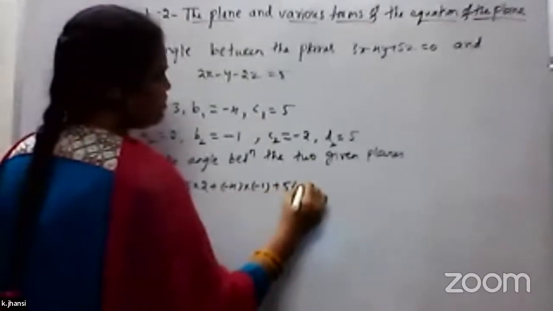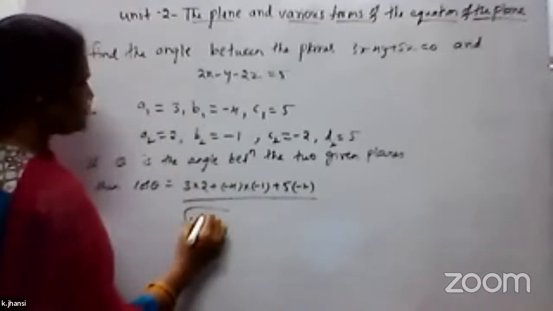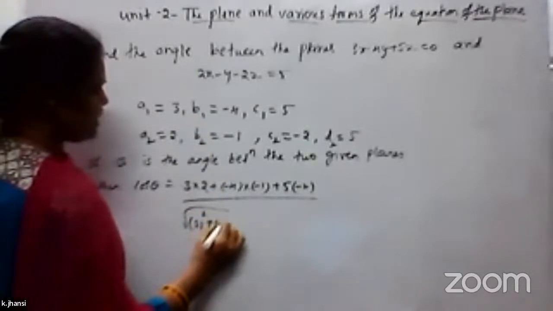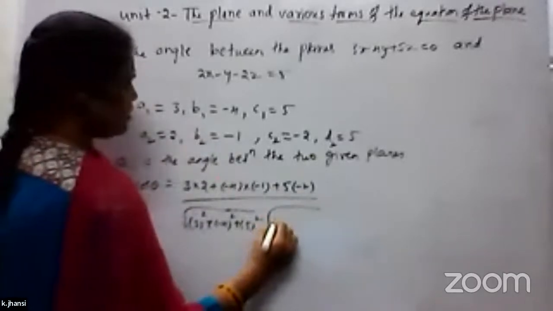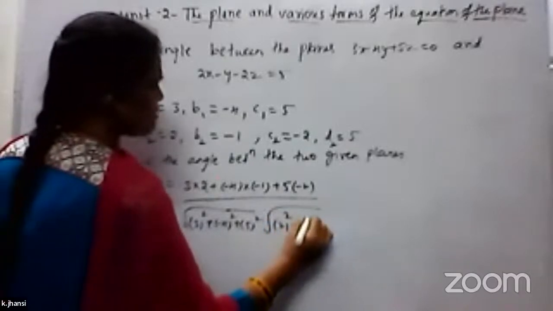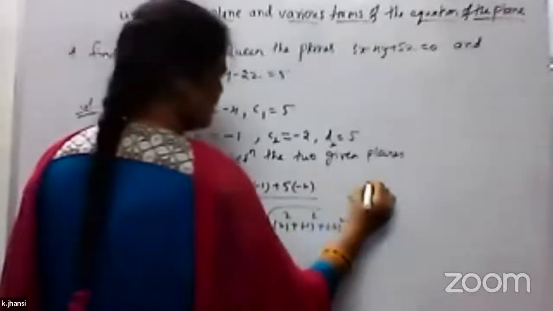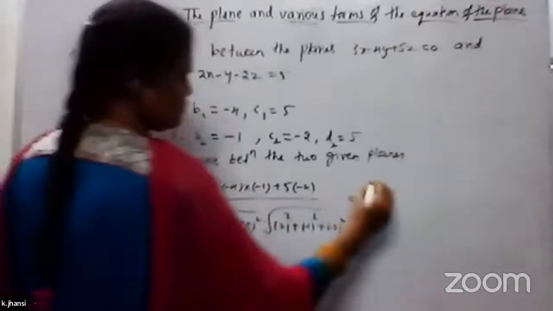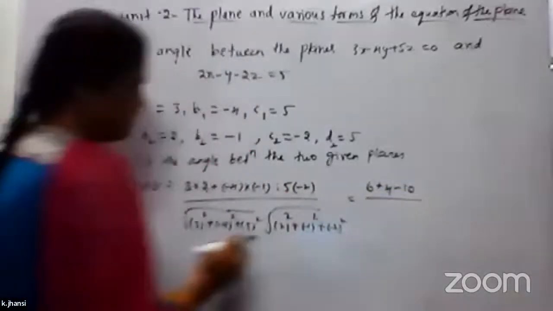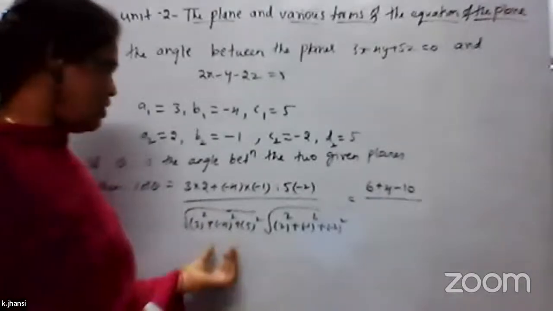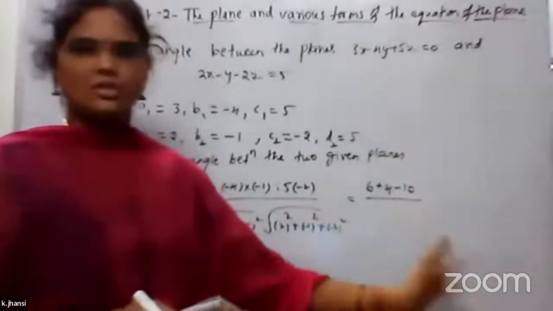Next 5 into minus 2, divided by under root of 3 square plus minus 4 square plus 5 square and under root of 2 square plus minus 1 square plus minus 2 whole square. So this is 6, minus into minus plus 4, then minus 10. So here in the numerator you are getting 0 now. If you want, you can simplify this, or else you can put 0 by this, then the value is 0 here.